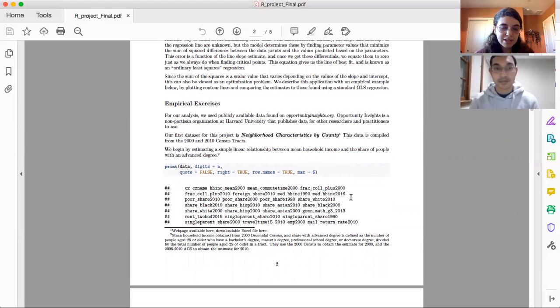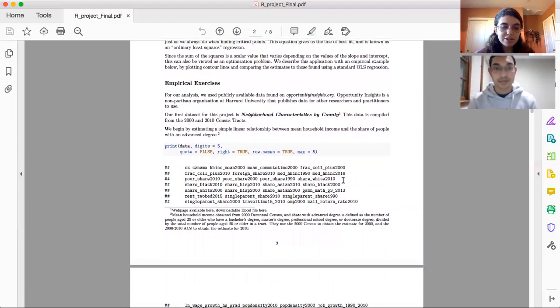So we present the data here. You can see that there are outcomes such as the racial composition of the county and the incomes of the county. We also have certain characteristics like the composition of the household.